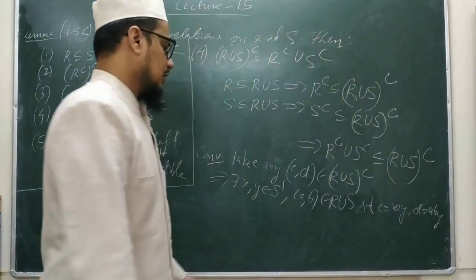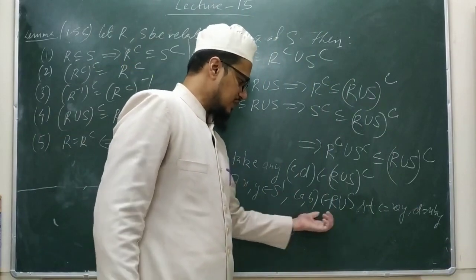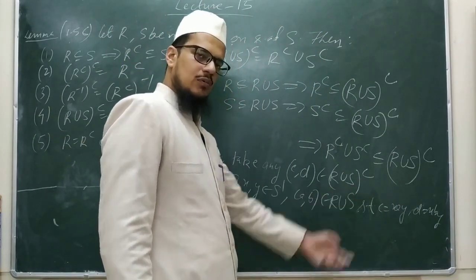Correct? By definition. Now when A, B belongs to R union S, we can write A, B belongs to R or A, B belongs to S.